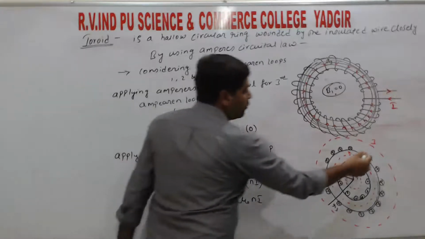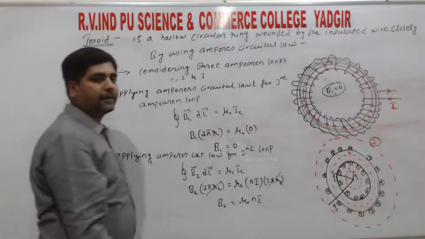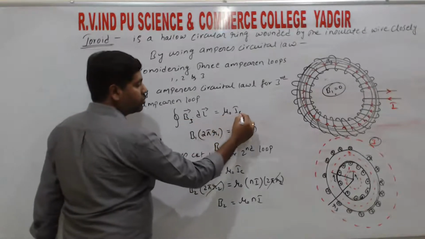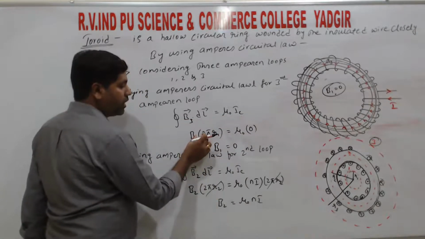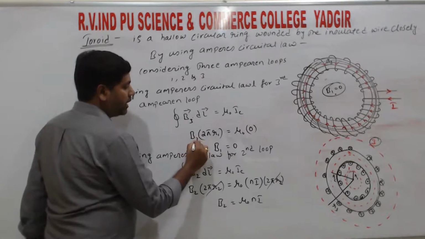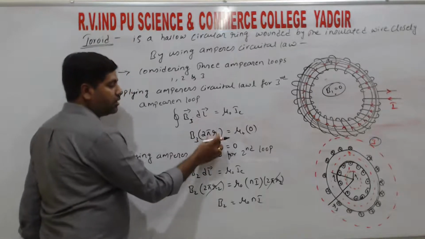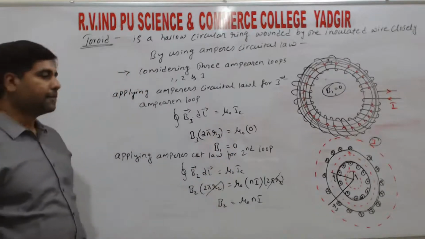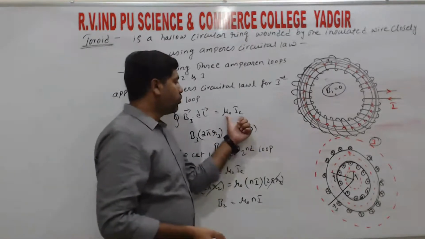So for this loop, again B3 dl is equal to mu naught IE. So B3 times the integration of dl, we can write that as 2 pi r3, right? So that is equal to mu naught IE.